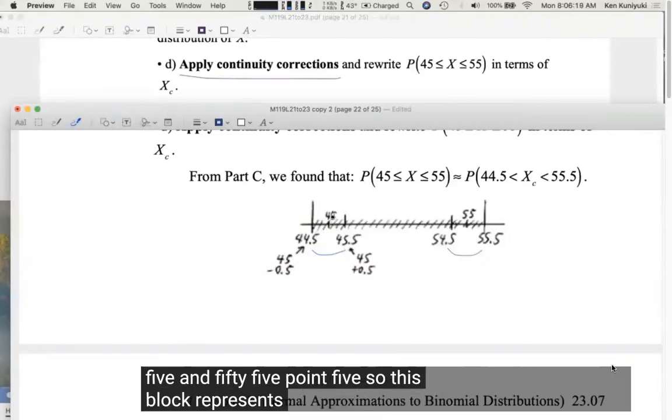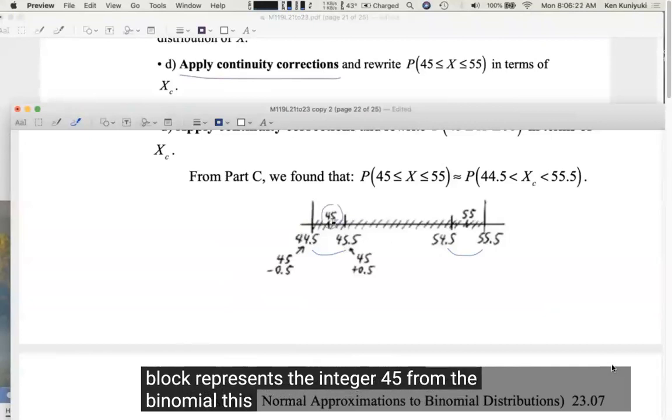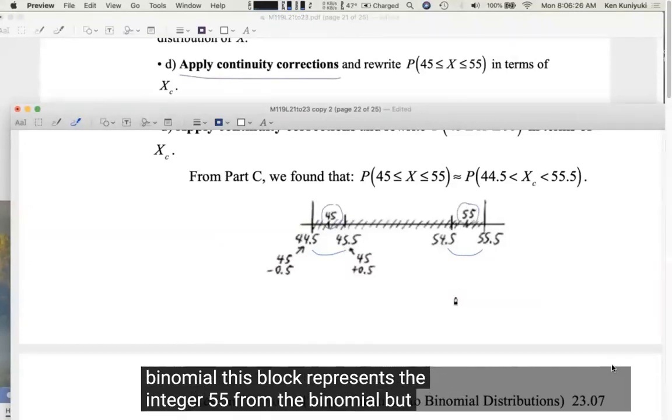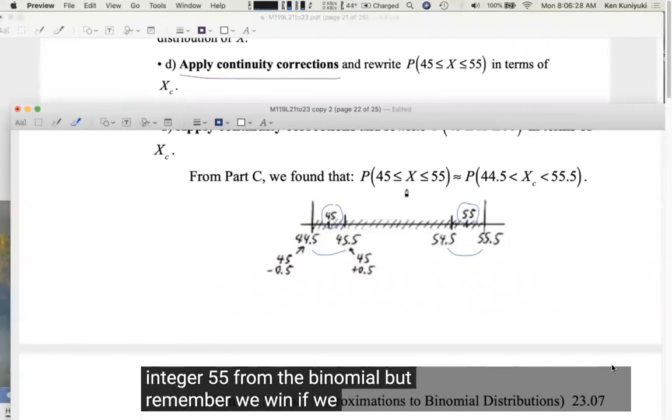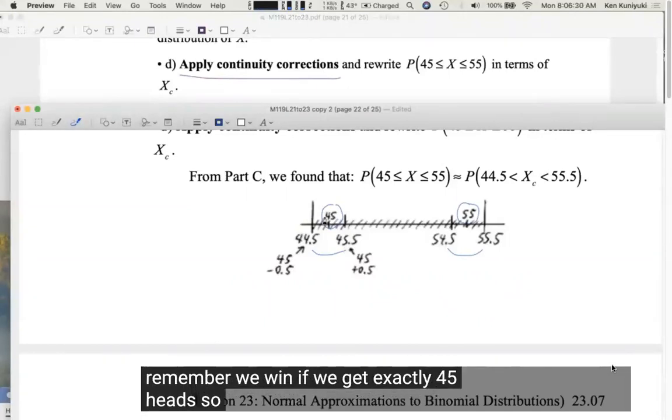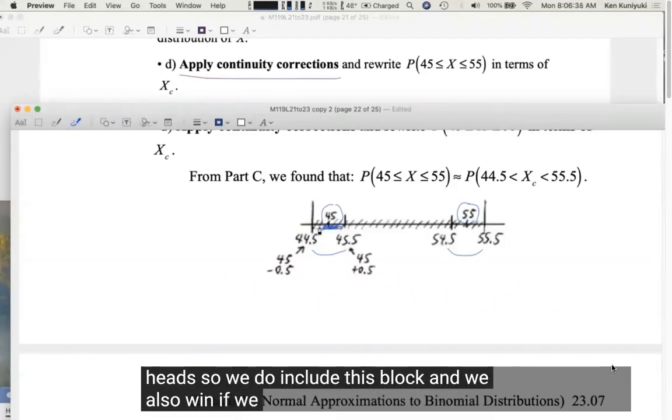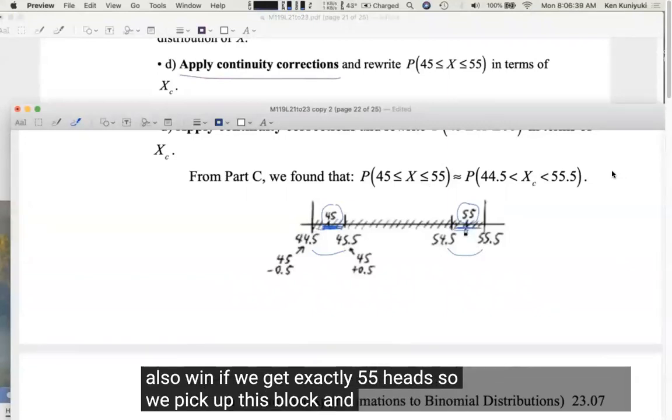So this block represents the integer 45 from the binomial. This block represents the integer 55 from the binomial. But remember, we win if we get exactly 45 heads, so we do include this block. And we also win if we get exactly 55 heads, so we pick up this block.